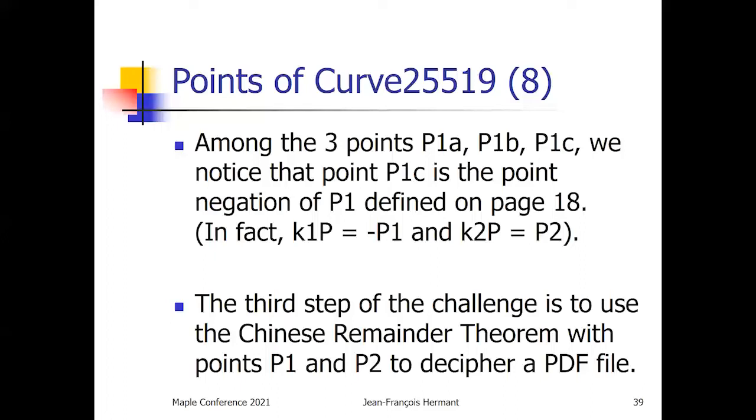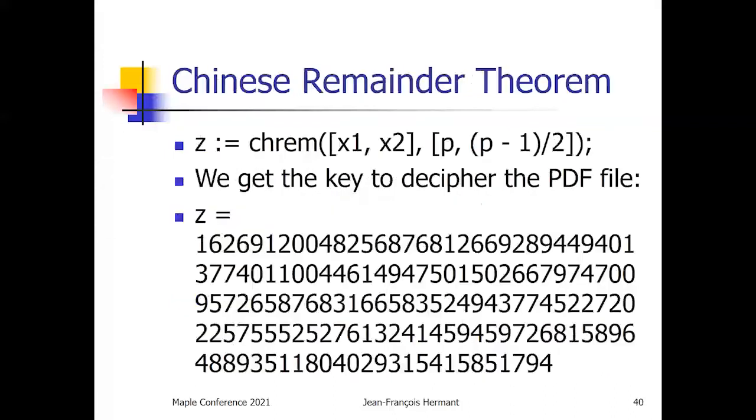So in fact, when we computed the value for the key, we have chosen K1P as minus P1 and K2P as P2. The third step of the challenge is to use the Chinese Remainder Theorem with points P1 and P2 to decipher a PDF file.